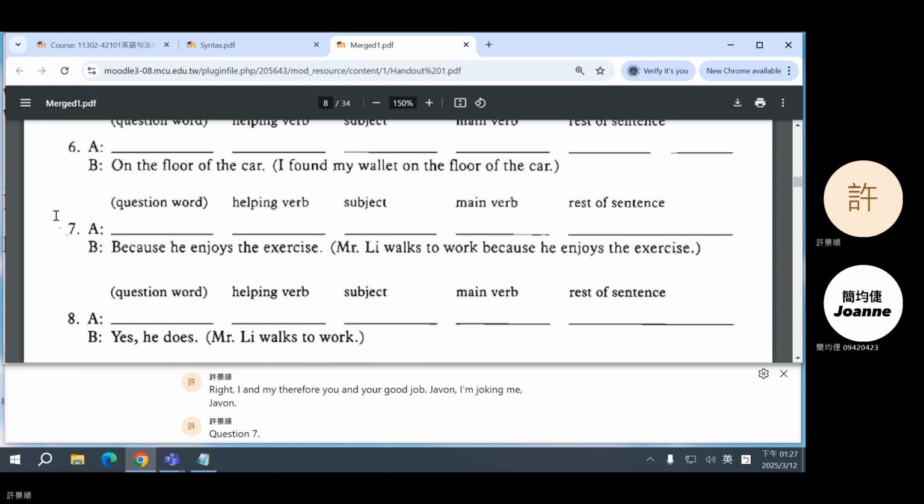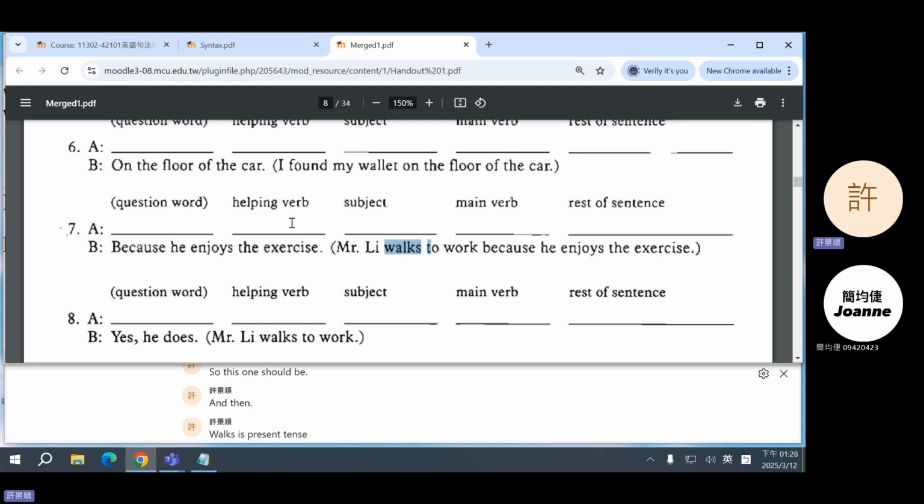林彩瑜. Question 7. If the answer is because he enjoys the exercise, what's the question? It's asking about a reason, right? So this one should be why, and then walks is present tense.